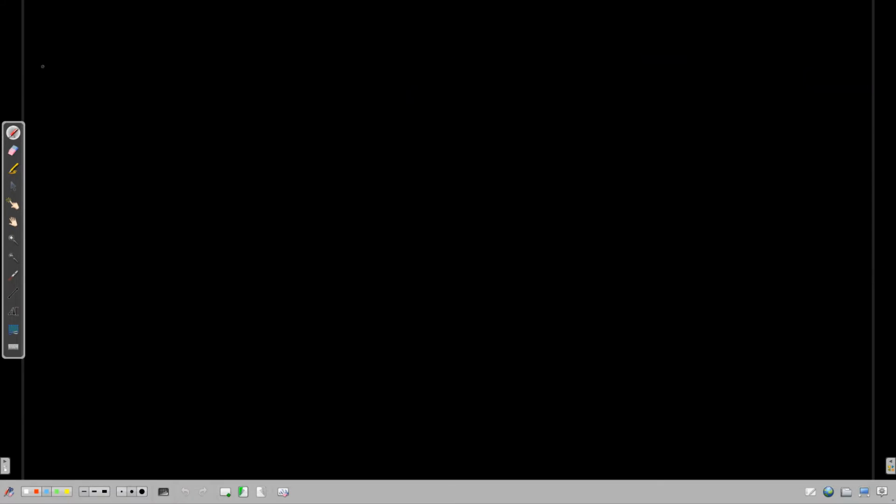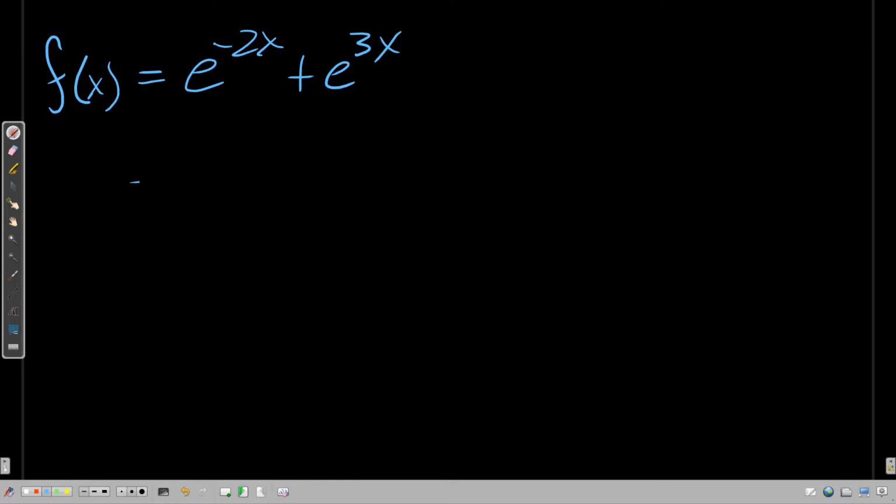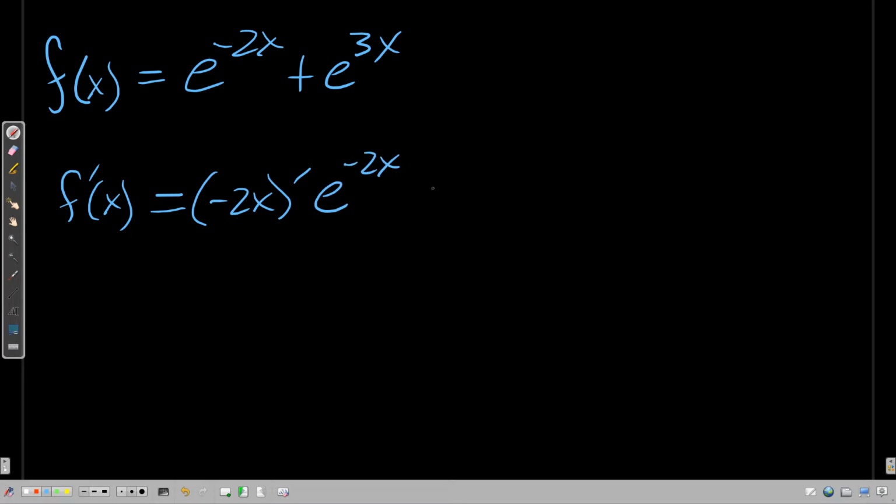Now the first problem I'm given says that we have a function and it is e to the minus 2x plus e to the 3x. So f prime of x, the derivative of this, has got to be the derivative of minus 2x times e to the minus 2x plus the derivative of 3x times e to the 3x.